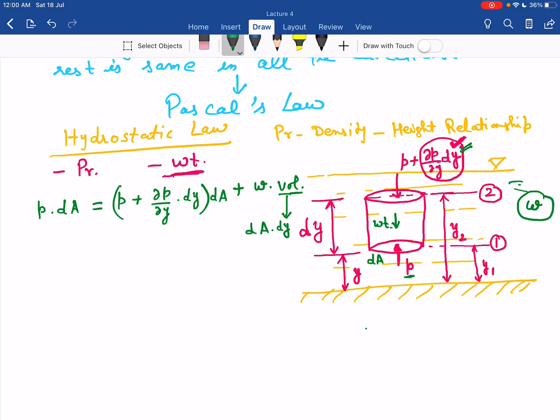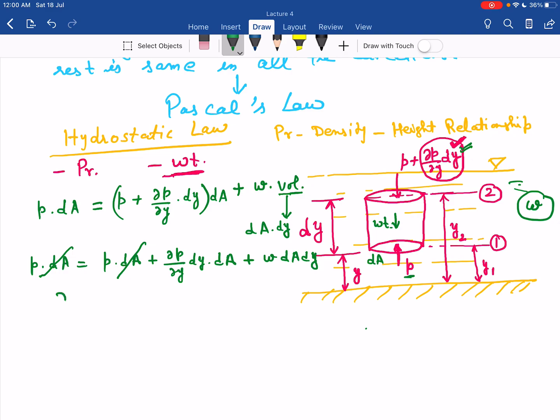So now we can write again P dA equal to P dA plus ∂P/∂y into dy into dA plus w dA dy. Now this P dA cancels with this.